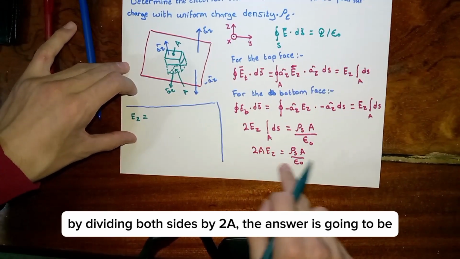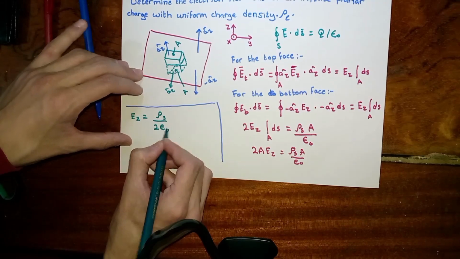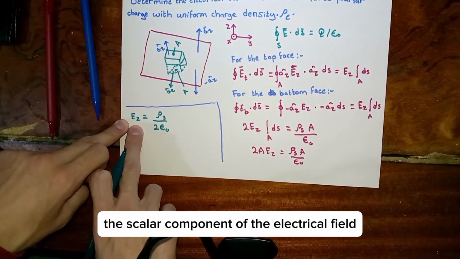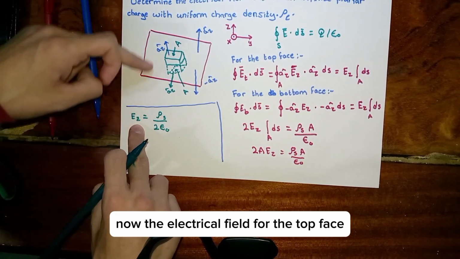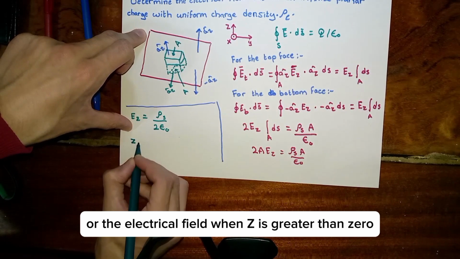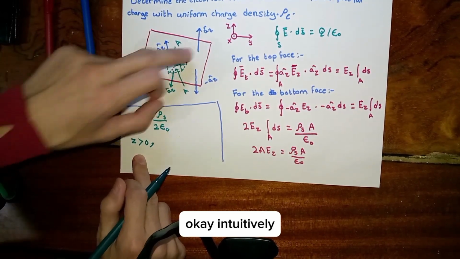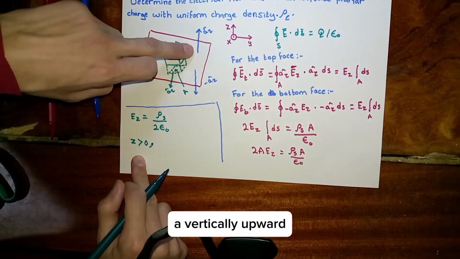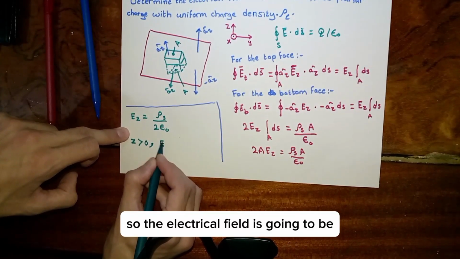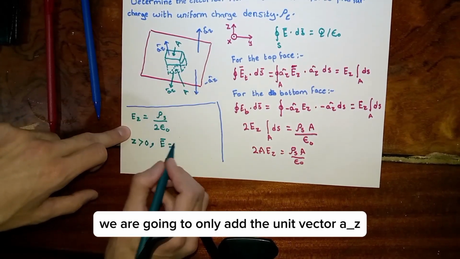By dividing both sides by 2A, the answer is going to be this, the scalar component of the electrical field. Now, the electrical field for the top face, or the electrical field when z is greater than 0, intuitively is going to be directed vertically upward. So we are going to only add the unit vector a_z.